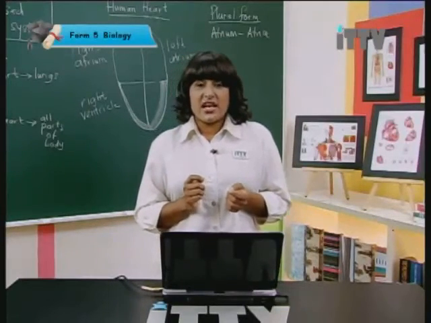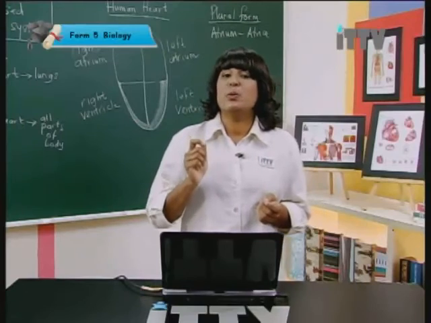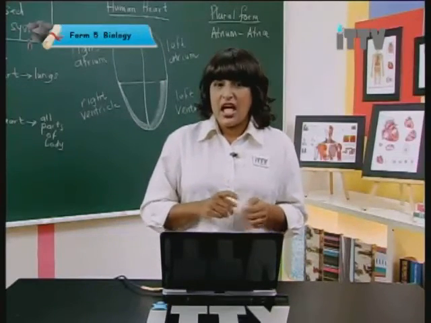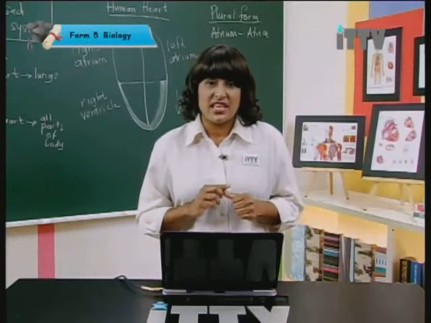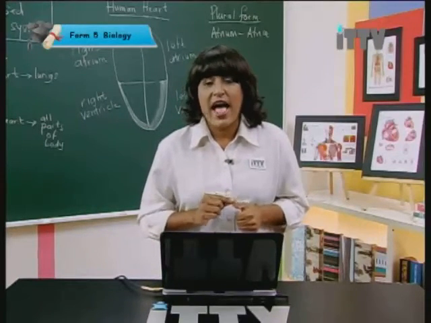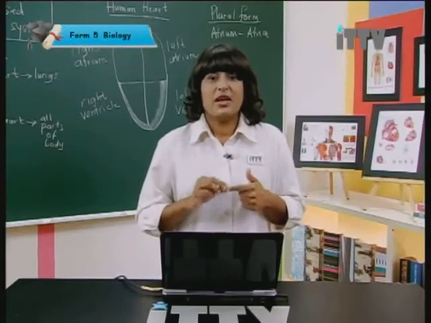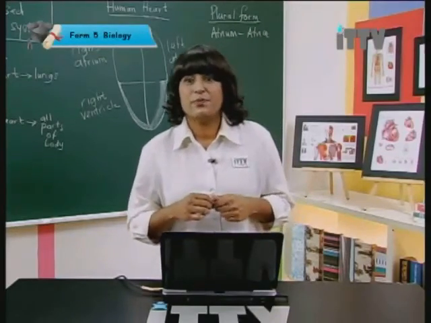Now, let us take a closer look at the 2 valves that are involved here. First is the atrioventricular valve, which is the tricuspid valve and the bicuspid valve. For that, we'll have to go to the board.